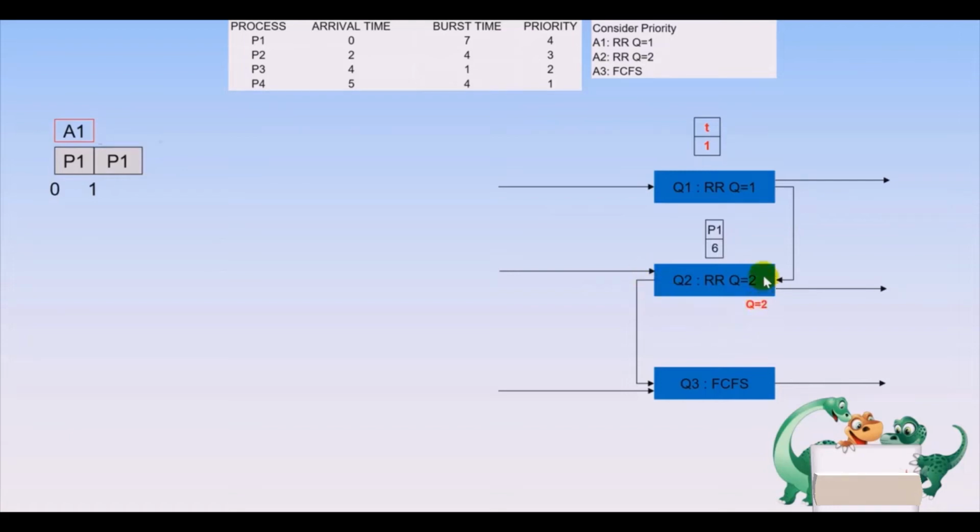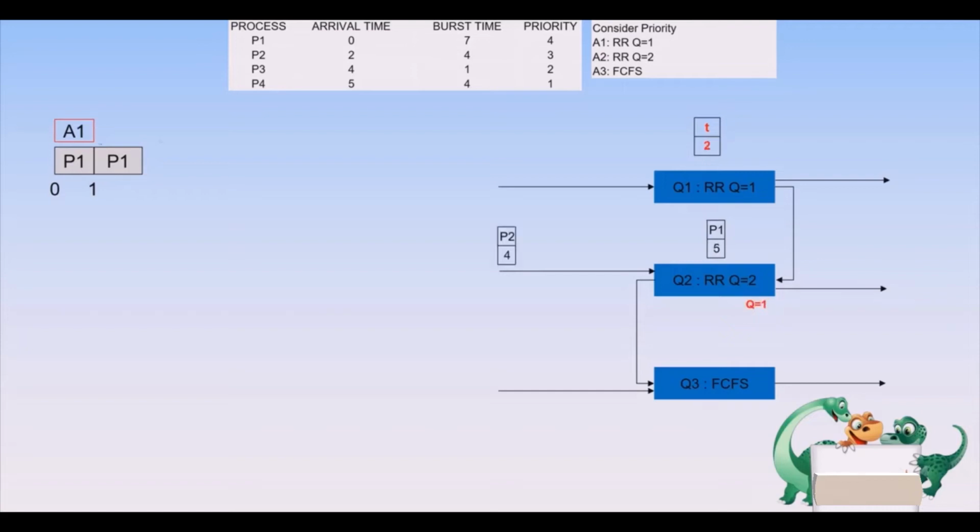Each process on Q2 will be given a 2 millisecond quantum. So at time 1, only P1, the only process in the queue, is currently being executed until this quantum time 2 gets to 0 and expires.